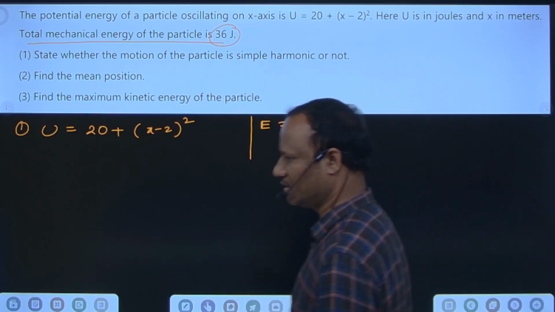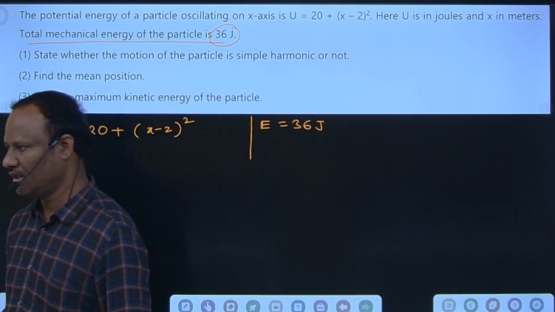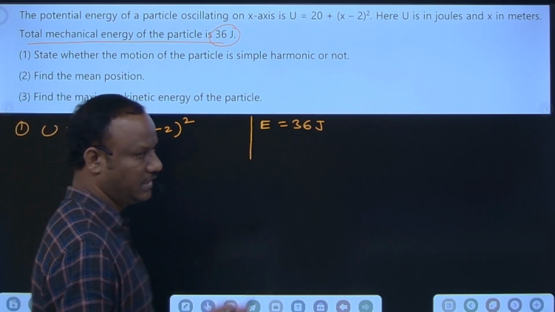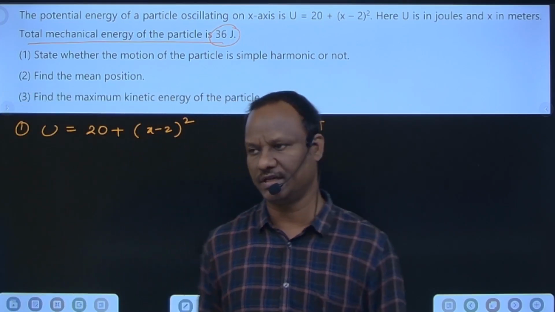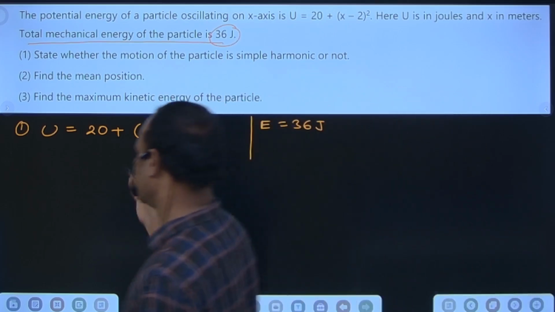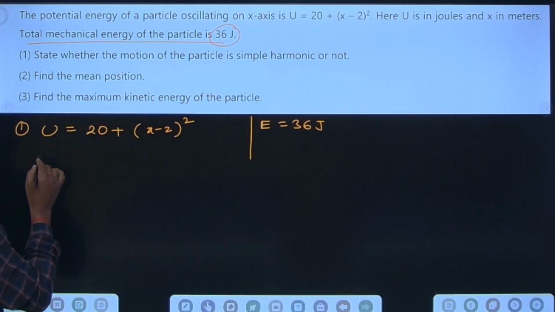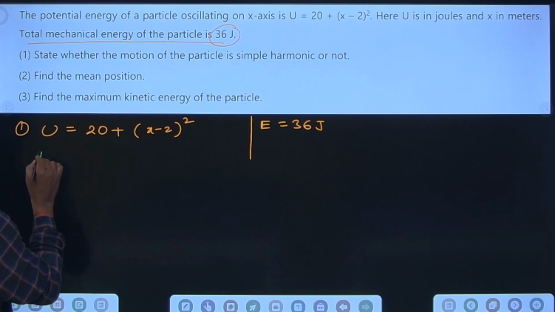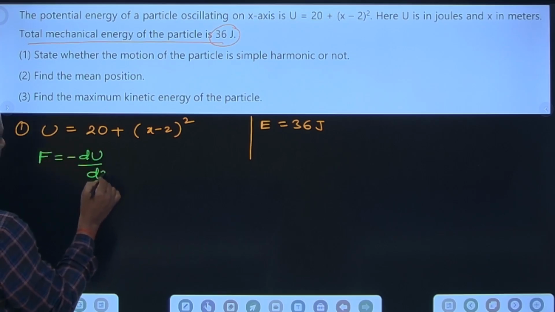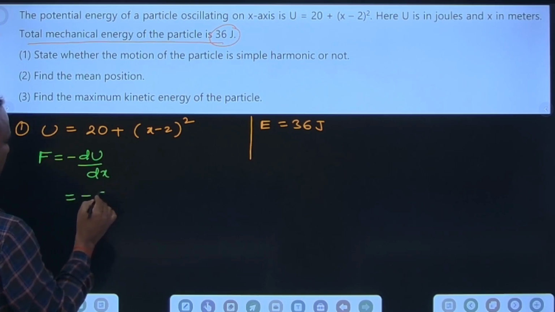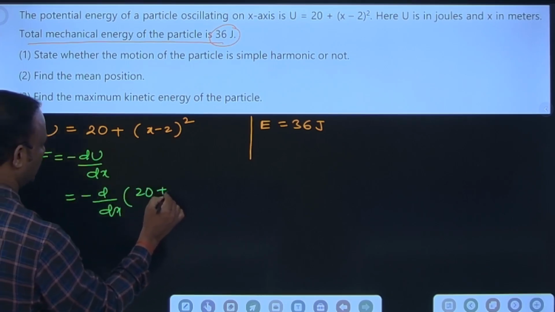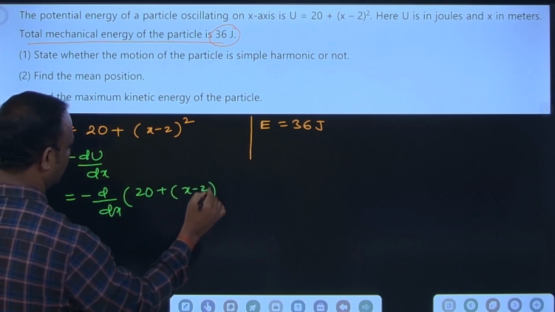First, state whether the motion of the particle is simple harmonic or not. How do you check this? Simple harmonic means acceleration a is proportional to minus x. From conservative forces, F is equals to minus dU by dx, which is minus d by dx of 20 plus (x minus 2) whole square.